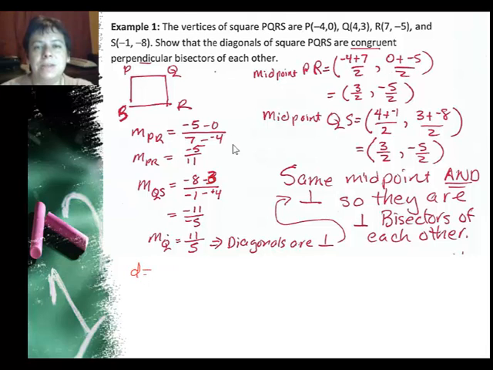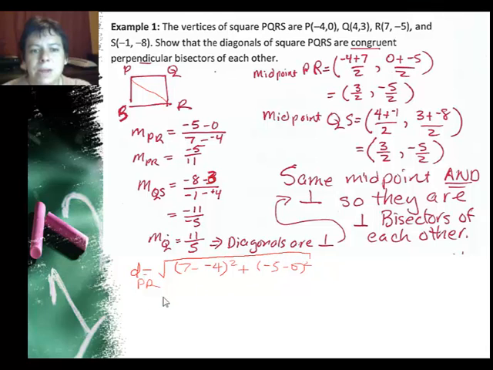So I'm going to find the distance of the first diagonal, which is PR right there. The way I do that is I do the square root of, using the distance formula, x2 minus x1 squared plus y2 minus y1 squared. So for PR, x2, 7 minus -4, I'm going to put parentheses around that, square it, plus y2 minus y1, -5 minus 0 squared.